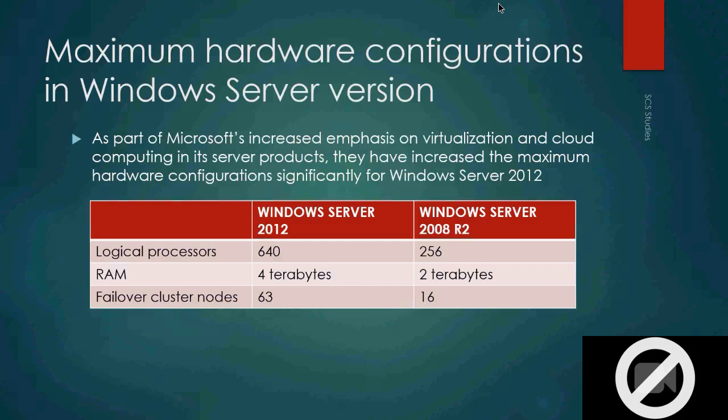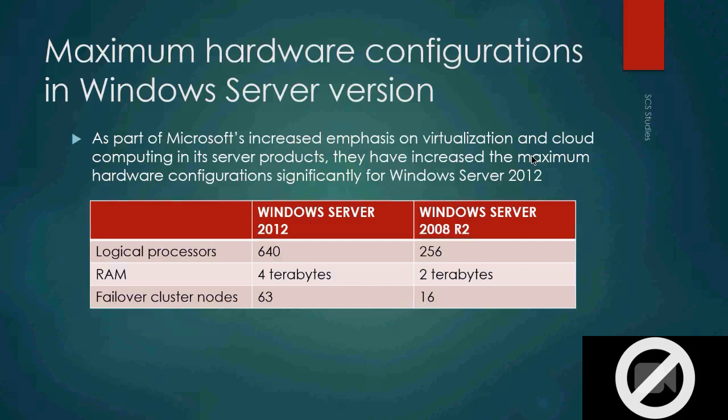Maximum hardware configuration in Windows Server version that you should know. So we have to understand why the 2012 server comes and what is the basic feature-wise difference available between 2008 R2 and Windows Server 2012.